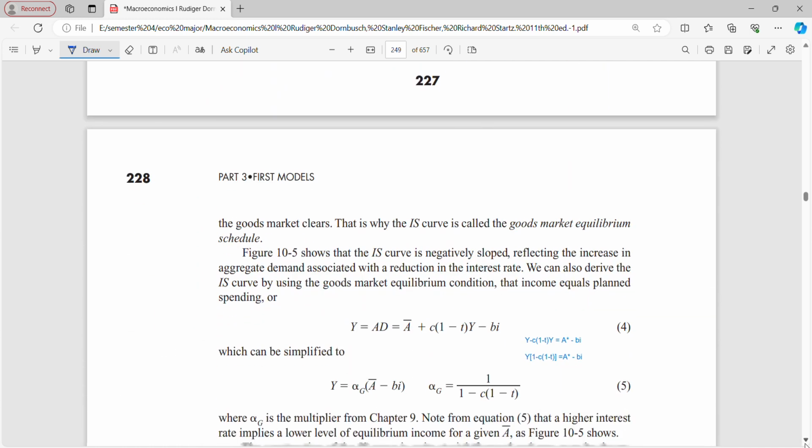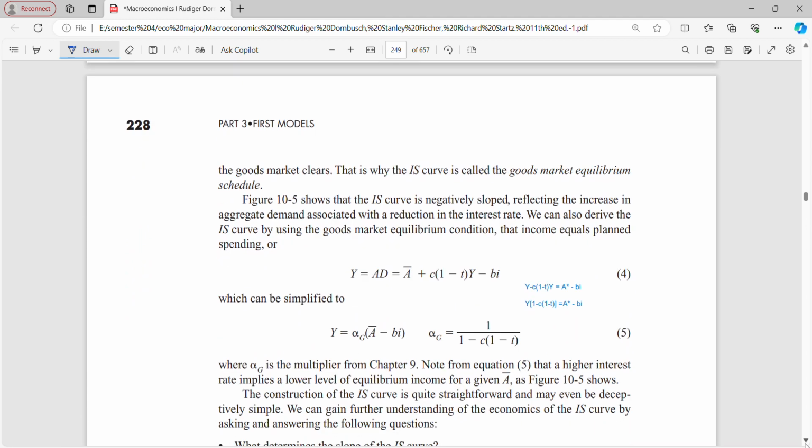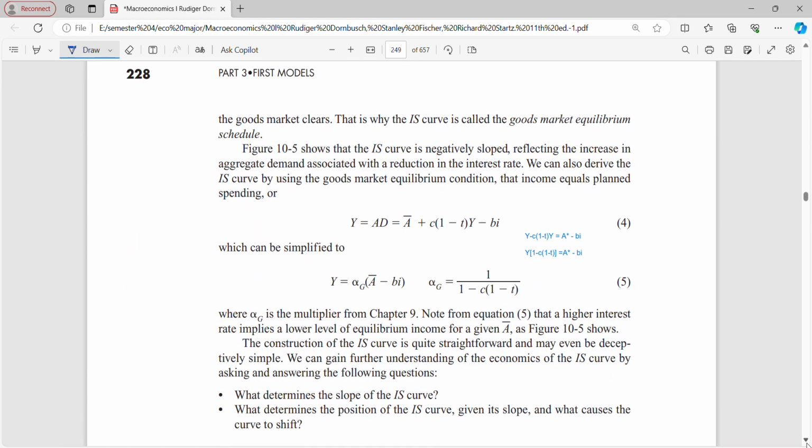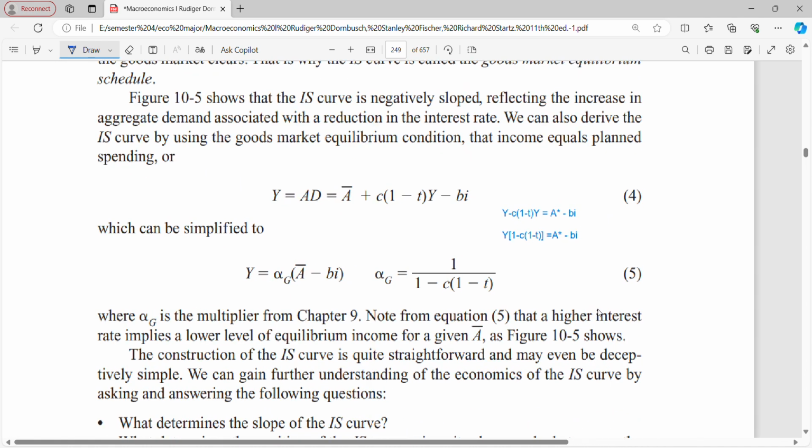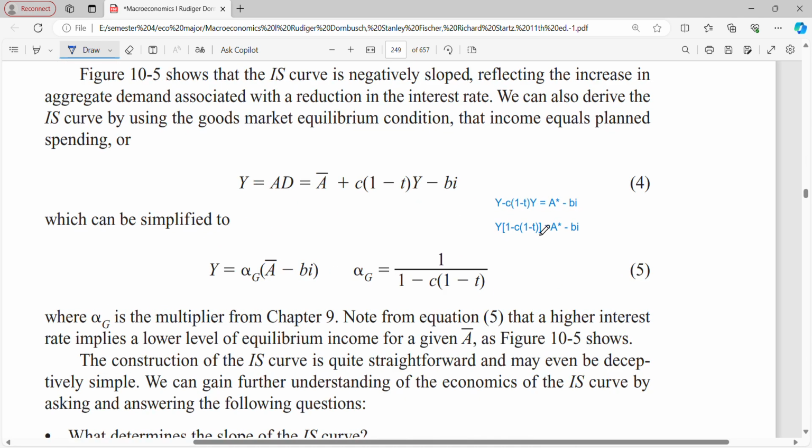Next is how to get the multiplier. So we know how to get Y, that is Y equal to AD. Aggregate demand is equal to A bar plus C, 1 minus T whole bracket, multiplied by Y minus Bi. I have given the next steps here, just to assume that. Then we cancel AD here.